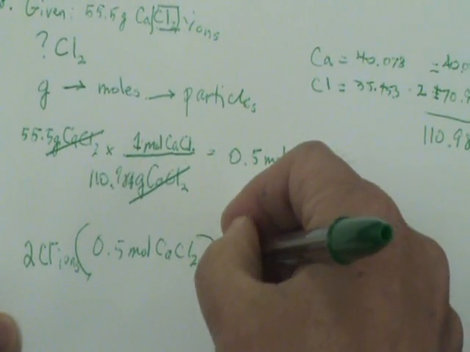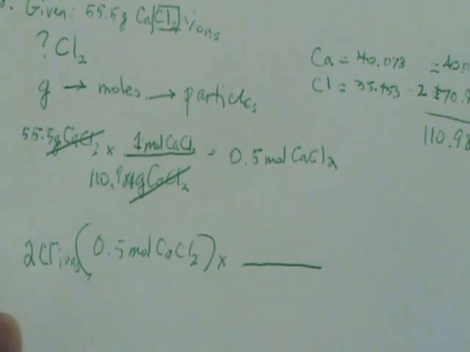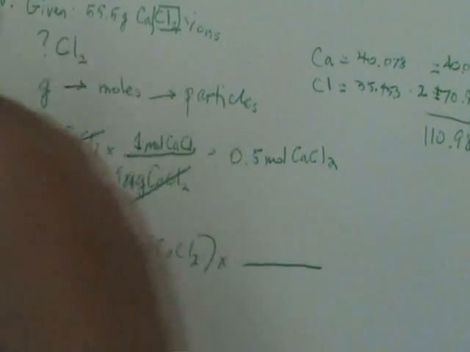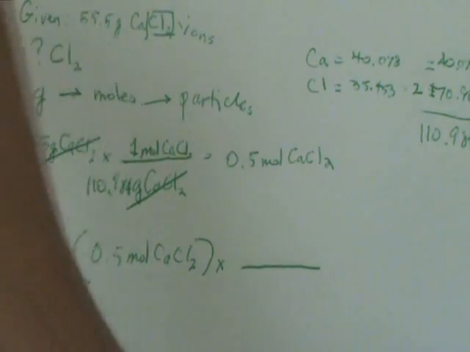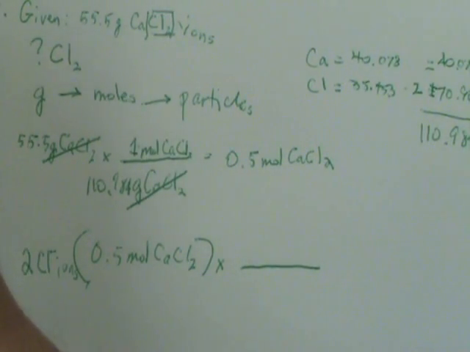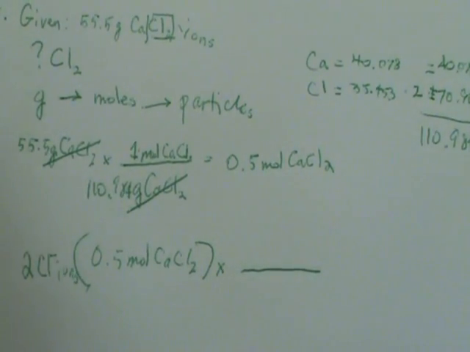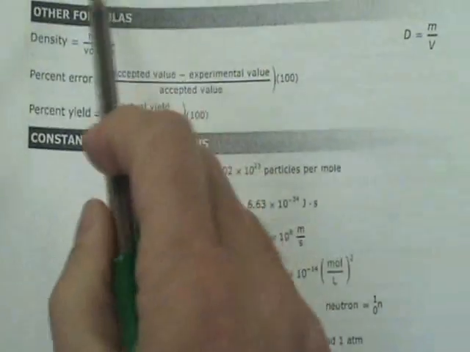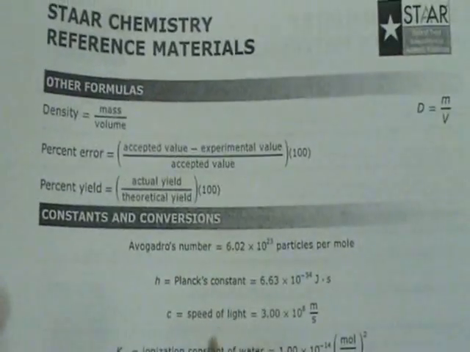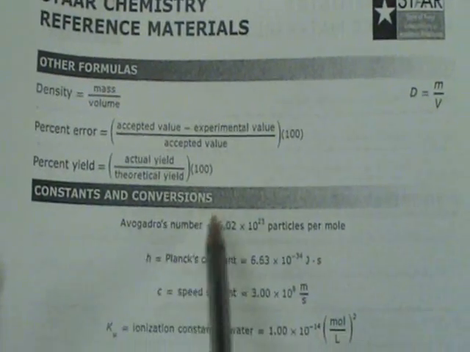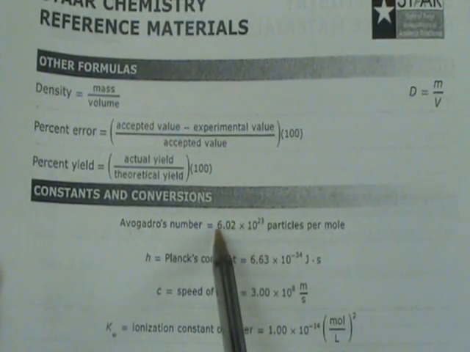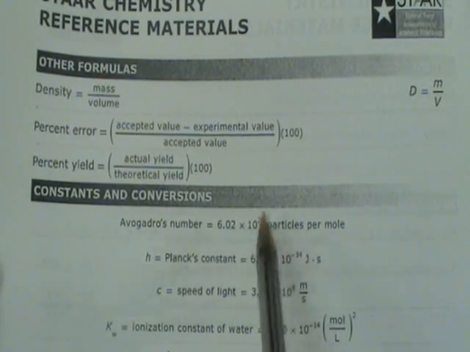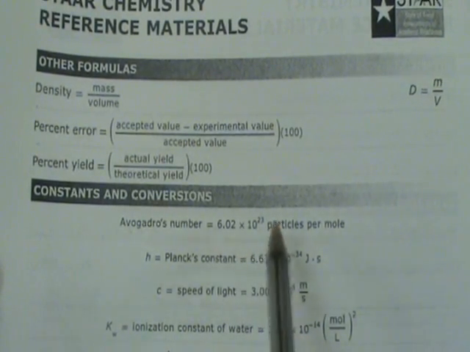And then this is where we use Avogadro's number. In case you forget, but by this time you should have memorized it. It's always here on your sheet. Remember your STAR reference chemistry materials? There you go. Constants and conversions. That's never going to change. It's 6.02 times 10 to the 23 particles per mole. Particles here, in this case, we're referring to ions.